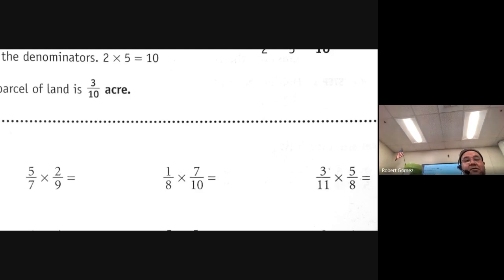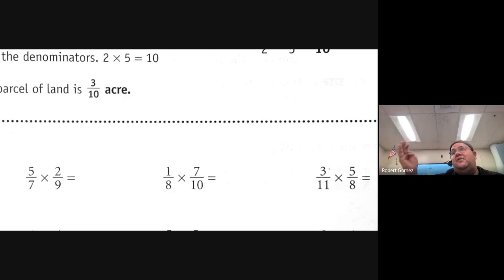And remember to reduce if you need to. Remember, it's easy to multiply the top.